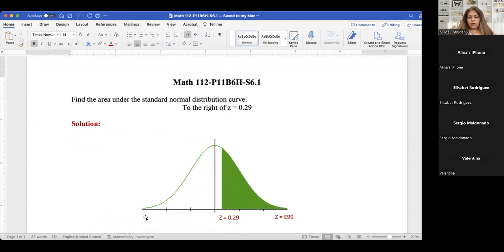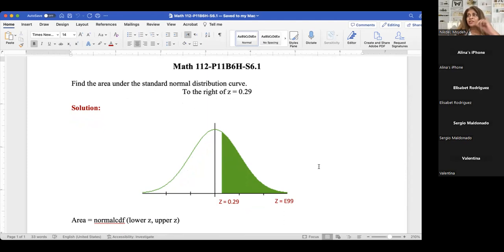First of all, you draw your bell curve and the 0 line, exactly in the middle. 0.29 is to the right of 0, so it's close to 0. Suppose this is 0, and that's 1, 2, 3, and so forth. 0.29 is close to 0, but on the right side of it. So that's the 0.29 line, and I have to shade the right side of it. I want to find the area of the right side.